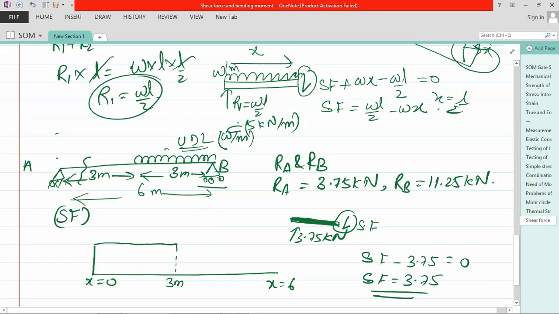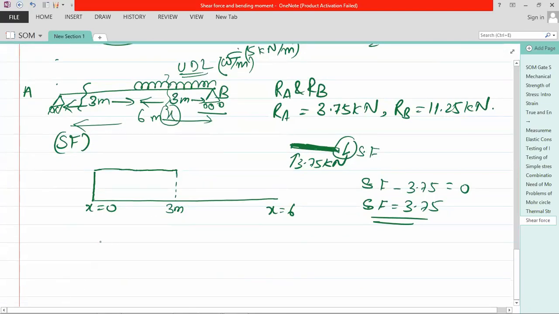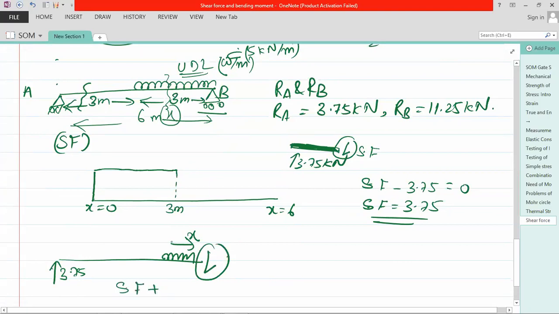Now take any arbitrary section at distance x. Then at any distance x, what is the shear force? Suppose this is your position, this is your 3.75, and suppose you take any position x here. Now solve this for the shear force. SF plus, if you take x, don't take it as a whole, suppose x from here only, and it is 3.